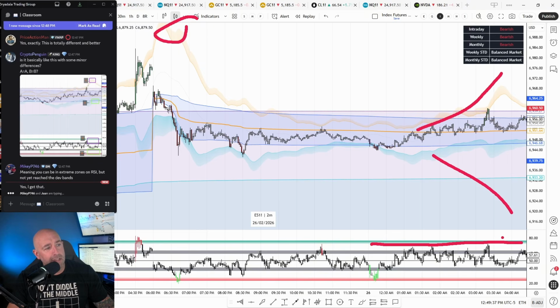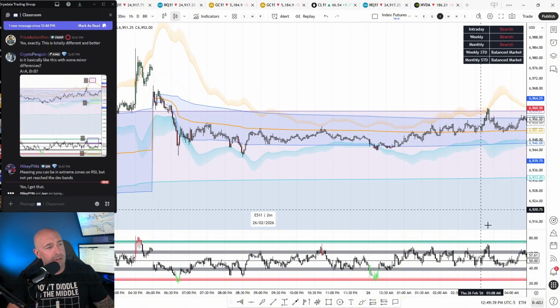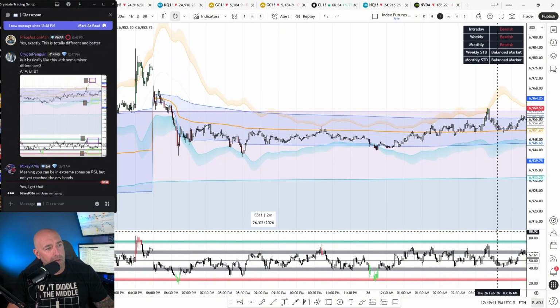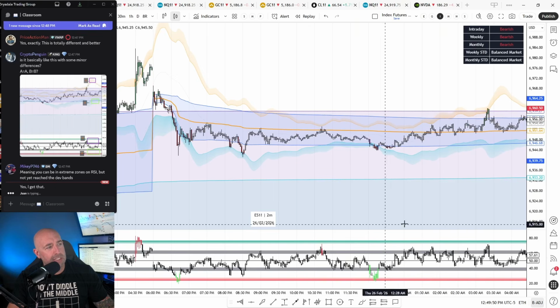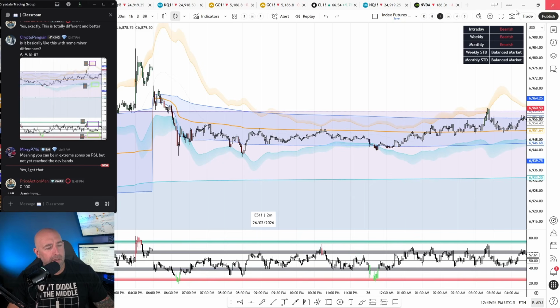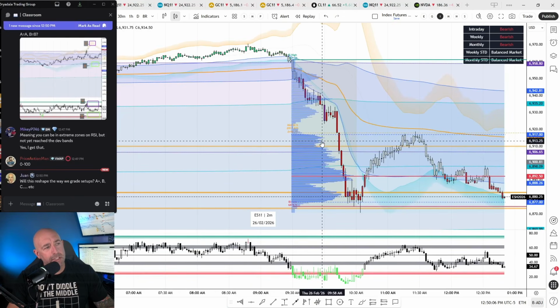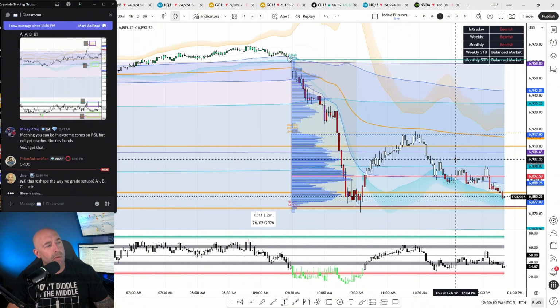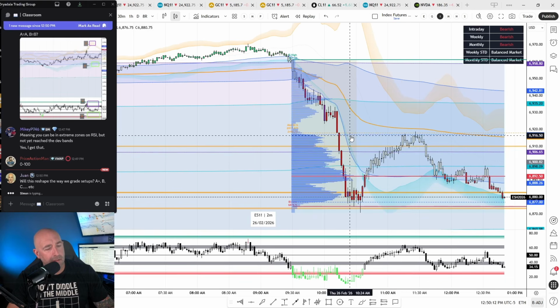This is an oscillator, and oscillators are bound by 0 to 100. It can only go so high. It can't just keep going, so it has to be adjusted to the chart versus an oscillator. No, it's not changing the system at all. This just gives you another way to visualize price.